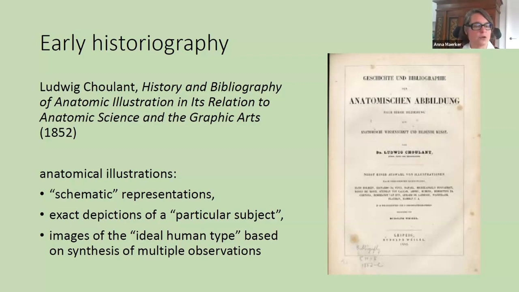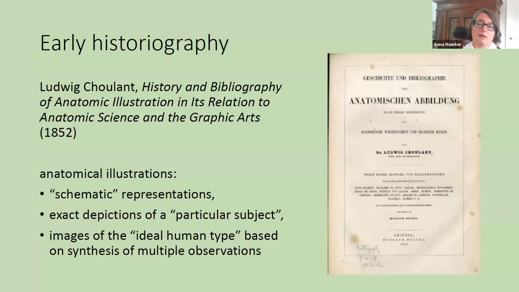Choulant was a physician as well as a medical historian, and his history provides a brief account of anatomical illustrations, both medical and artistic, from antiquity to his present, i.e. the earlier 19th century, followed by detailed analysis of individual anatomists and their key publications. In some ways, his work really shaped the agenda of historical scholarship on medical images.